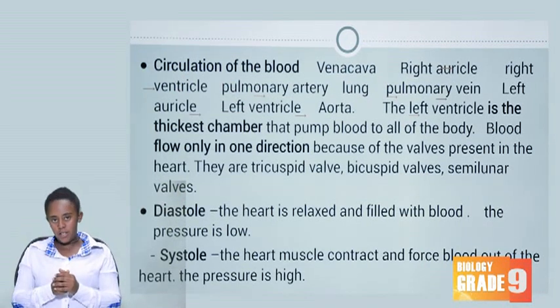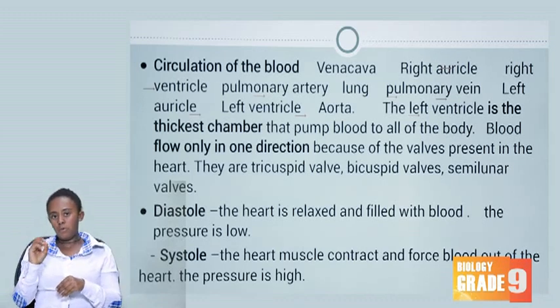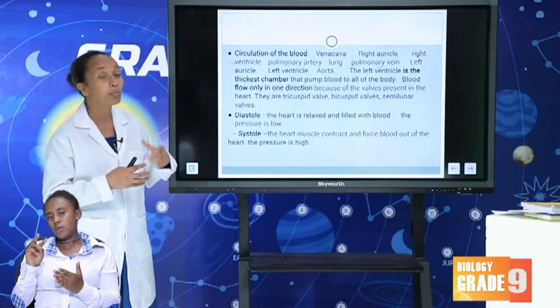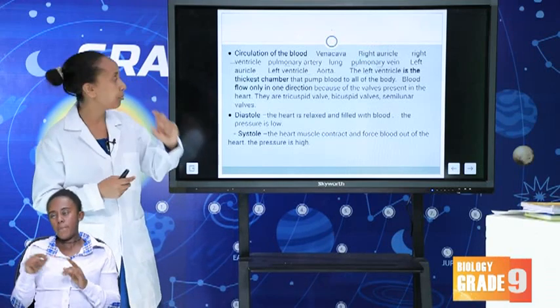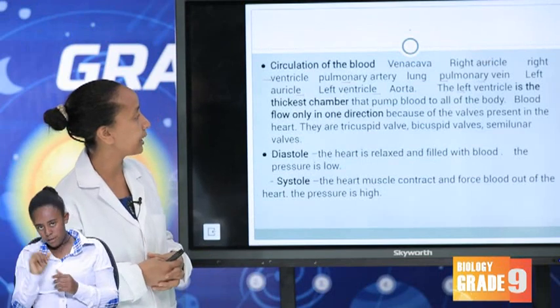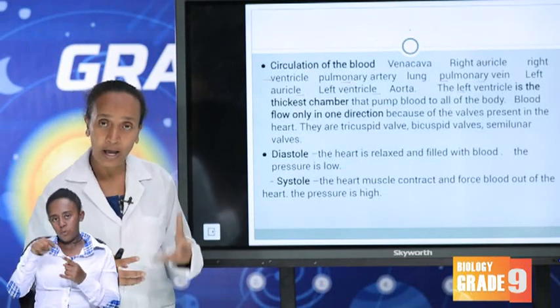Therefore, the right ventricle receives deoxygenated blood from the right auricle, and this deoxygenated blood will pump to the lung by the pulmonary artery. It will be transported by the pulmonary artery to the lung. Why?